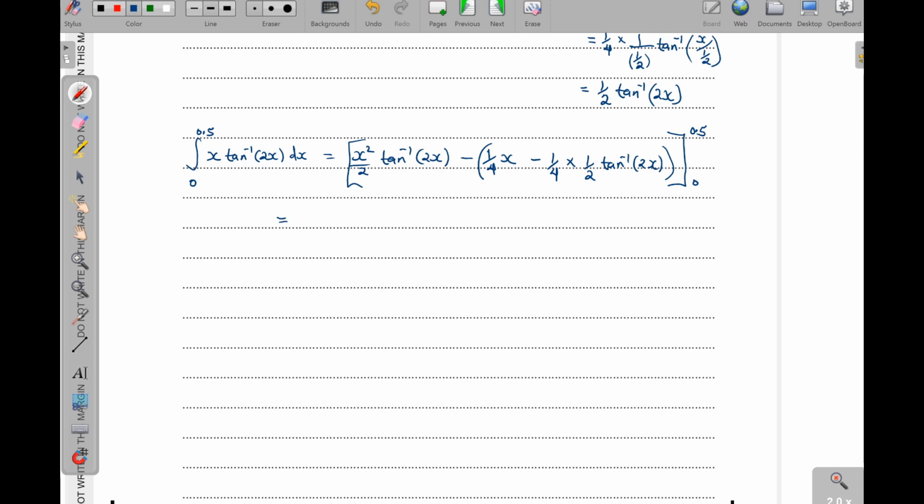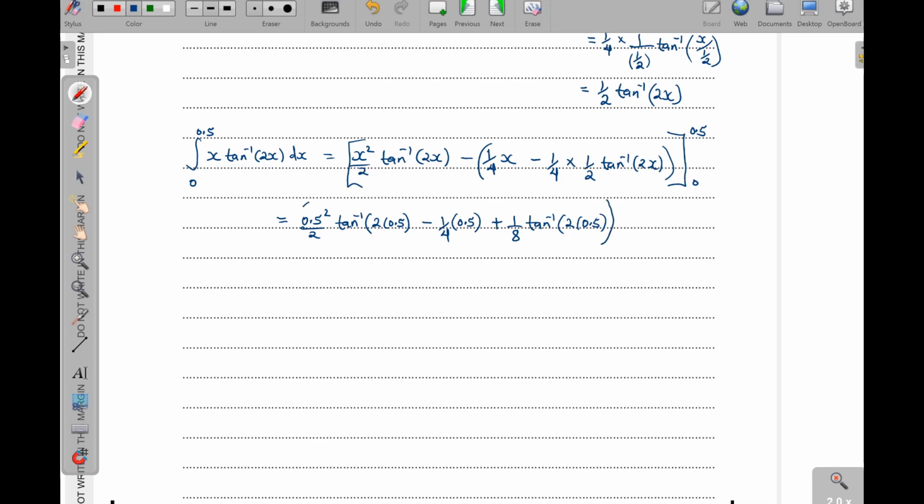Okay, let's put the limits, 0.5, then squared over 2, then the arctan of 2 times the 0.5, minus, this is a quarter of x, which is 0.5, then plus, because the minus and the minus, then plus 1 over 8, then arctan of 2 times the 0.5.